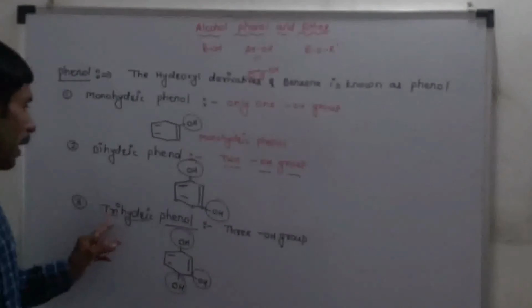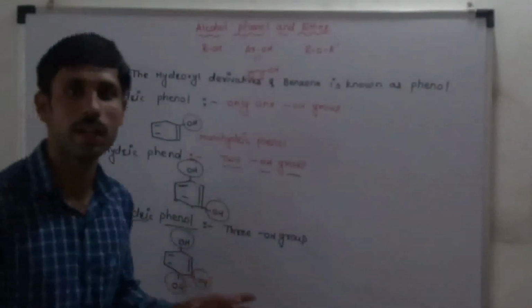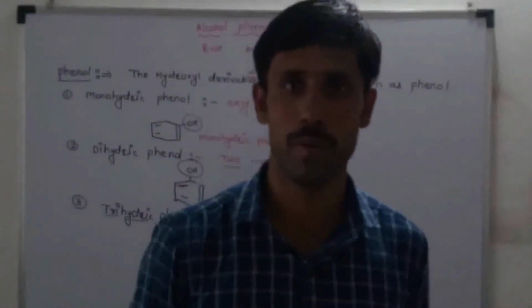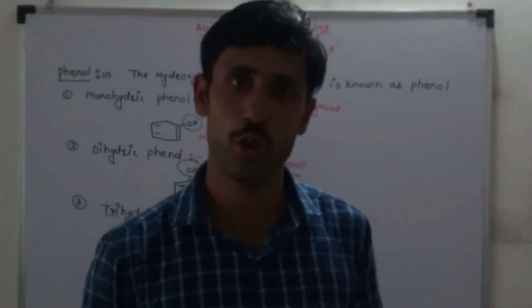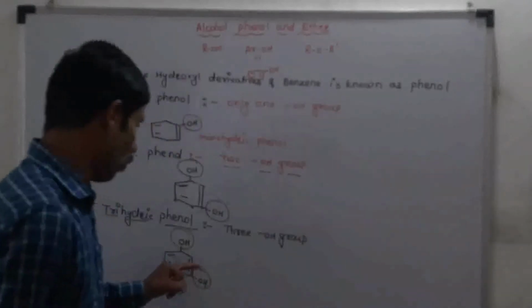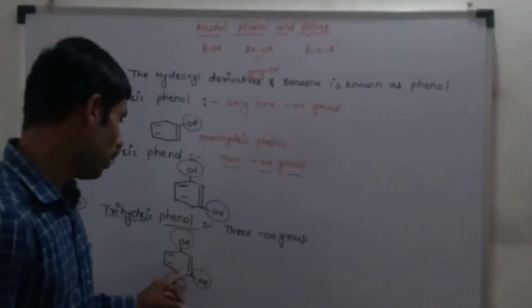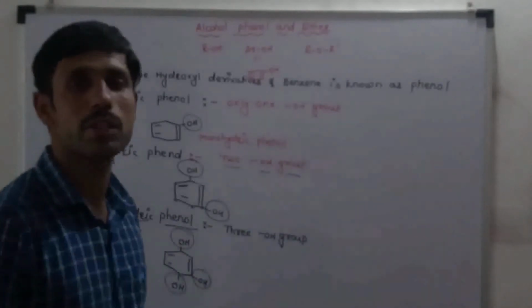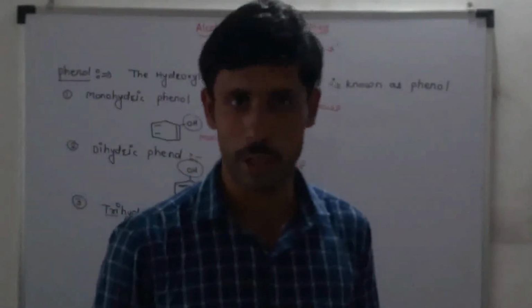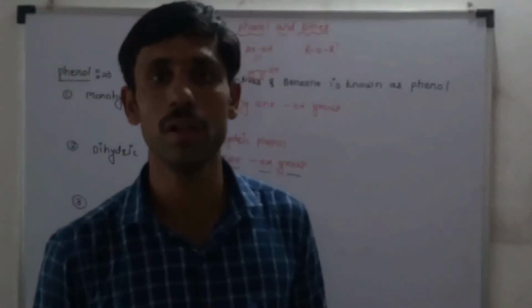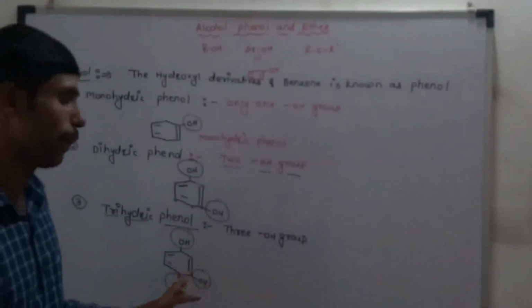Third is the trihydric phenol. Trihydric phenols contain three hydroxyl groups on an unsaturated aromatic structure.